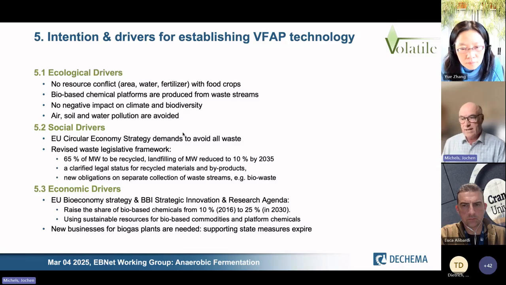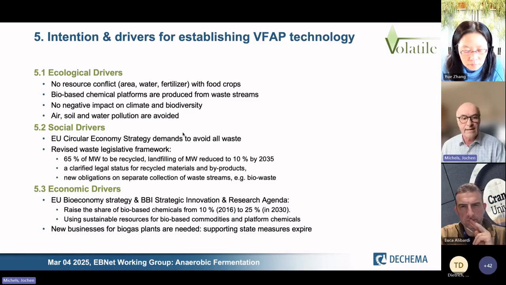And personally, I doubt that we will reach that because for the last 10 years, it was in the European Union about 8 to 10%, and it did not rise in the last year. But nevertheless, we think new businesses for biogas plants are needed. This is especially true in Germany, where biogas plants are supported for a certain time.